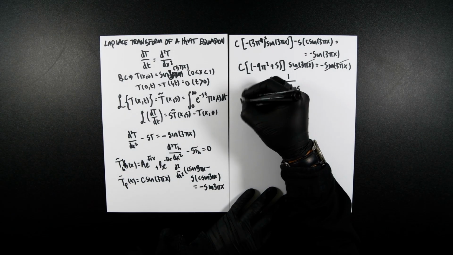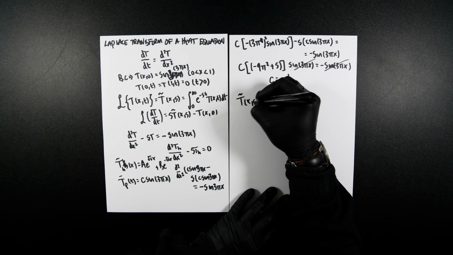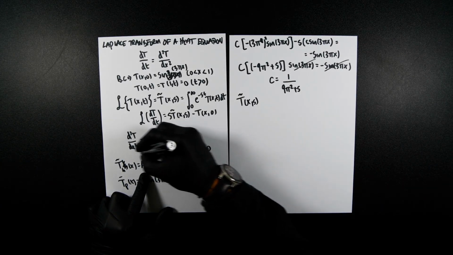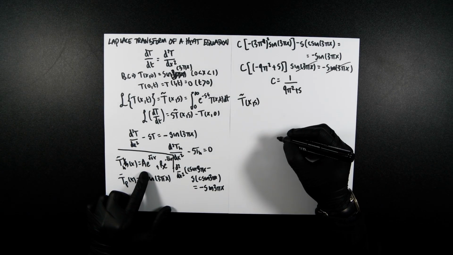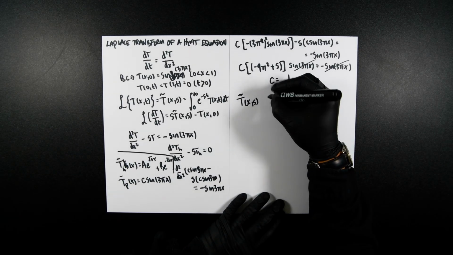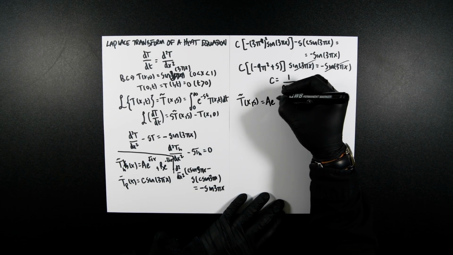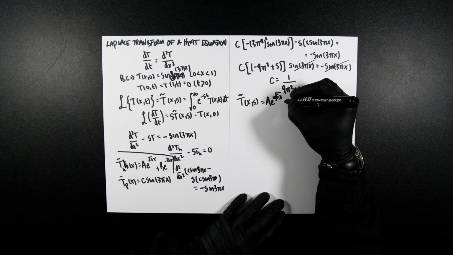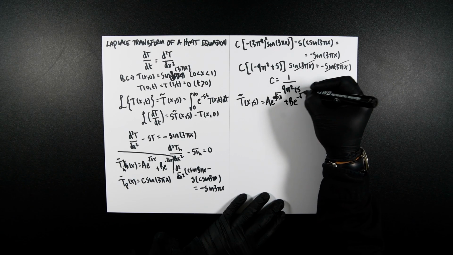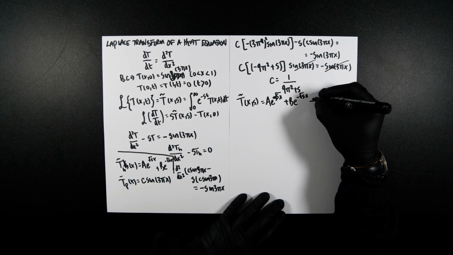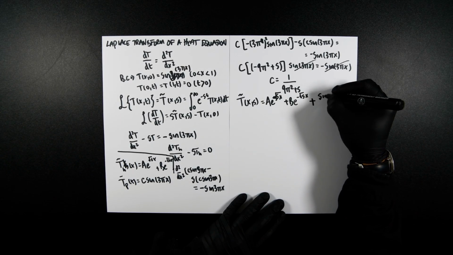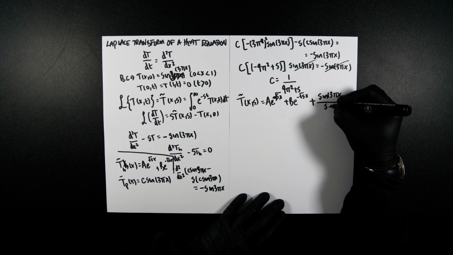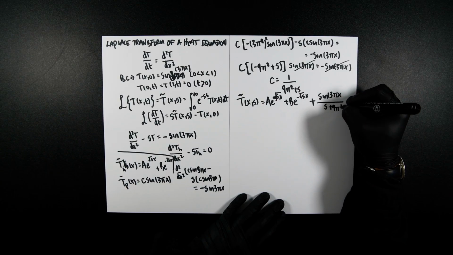So we now can go back to T(x,s) and recall over here. Again, probably the stupidest and messiest thing I've ever done. And we know that A e to the root s x plus B e to the minus root s x plus sine 3 pi x divided by s plus 9 pi squared.